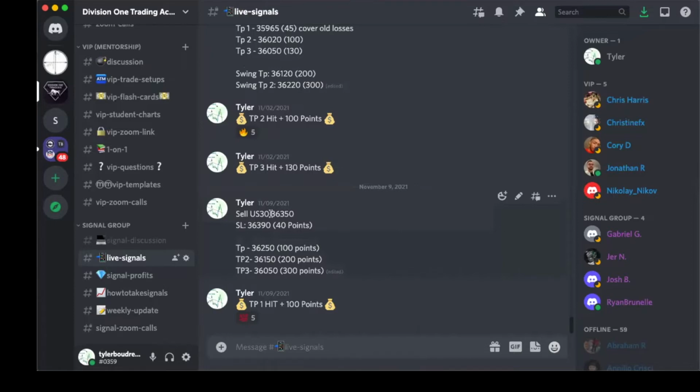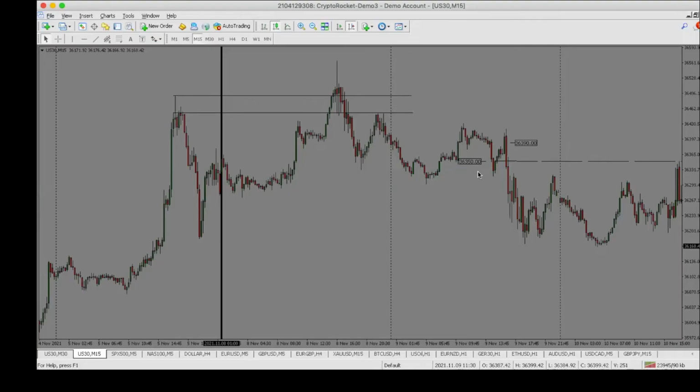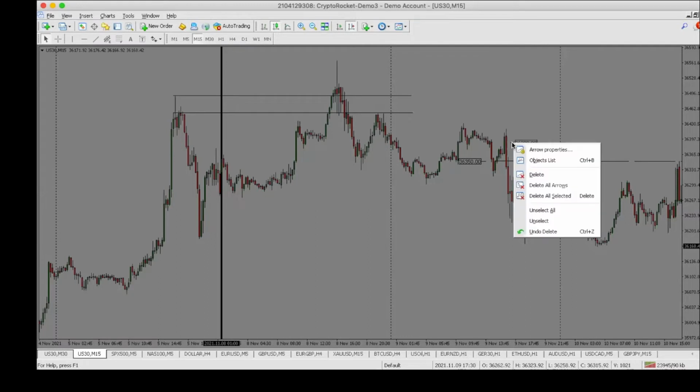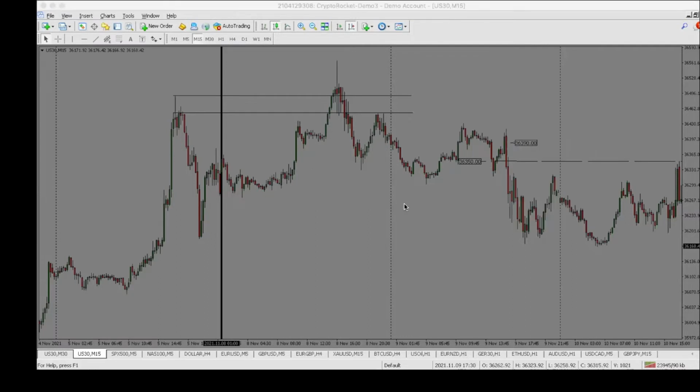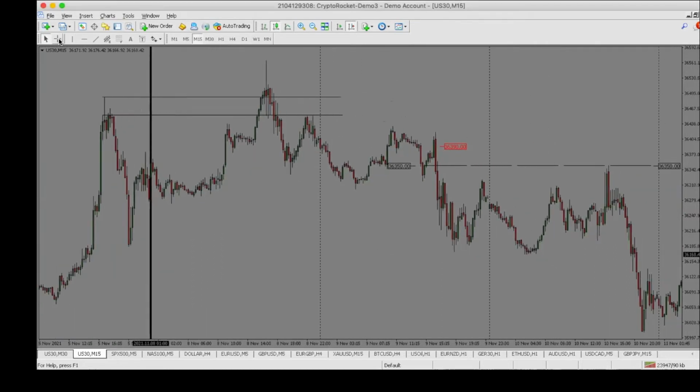So right there, we had sold at 36,350. Our stop was at 36,390, so that was 40 points. And then we had our take profits down as low as 36.50. So here, this is where we entered, and this is where our stop was. And so if you took profits on the first day as a scalp, it went for 100 points.